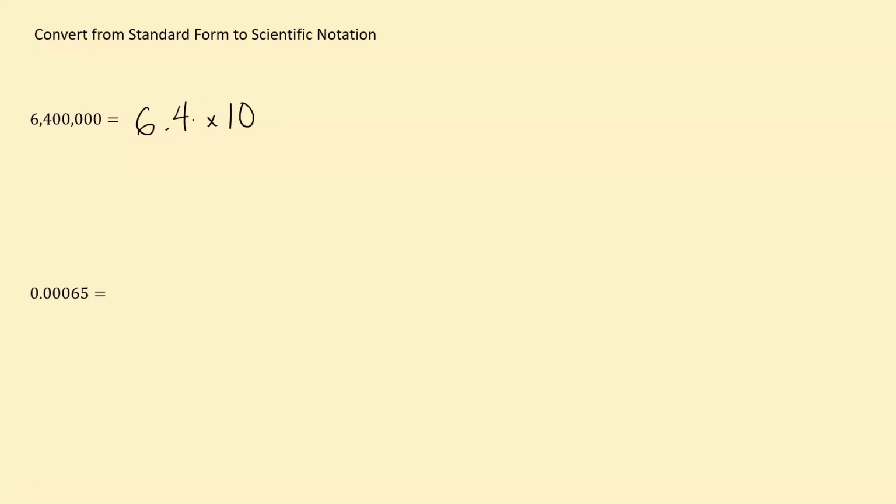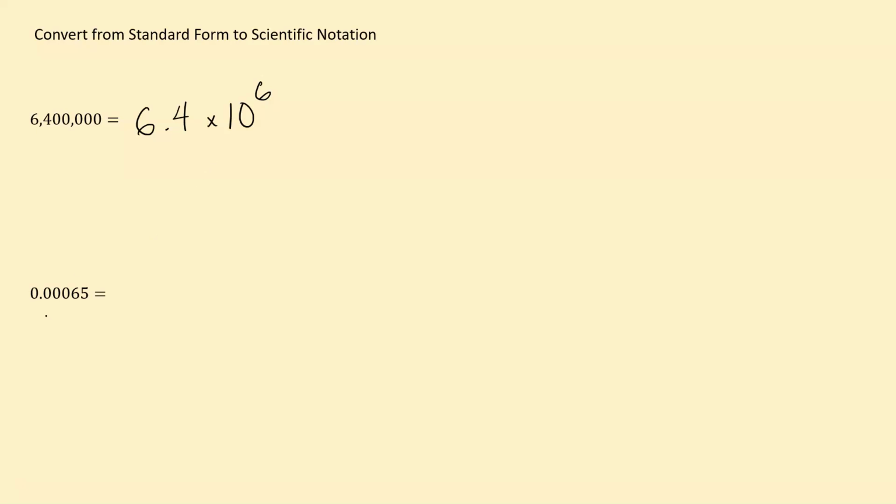And then we want to think about how many places we moved that decimal point to figure out what this exponent needs to be. It was right here, and we moved it all the way up here. So we moved it 6 places. Okay, so think about it the other way, it would be 6, and then the 4 with 5 zeros after it to make the full 6 places.